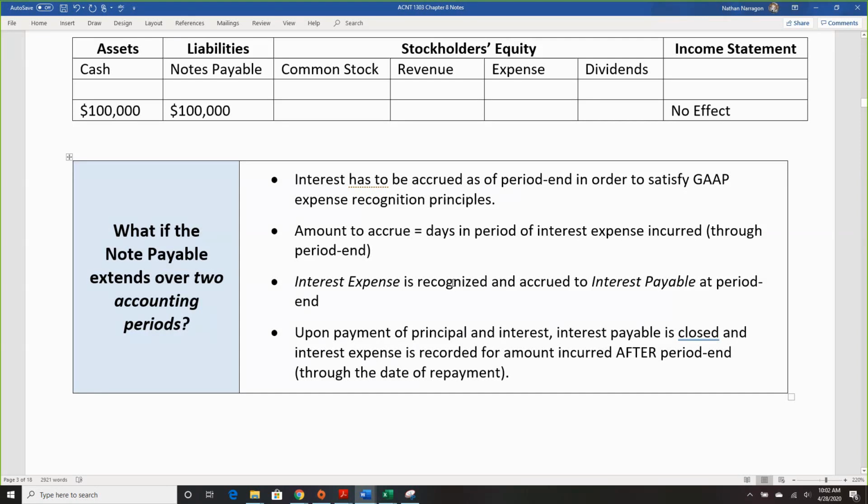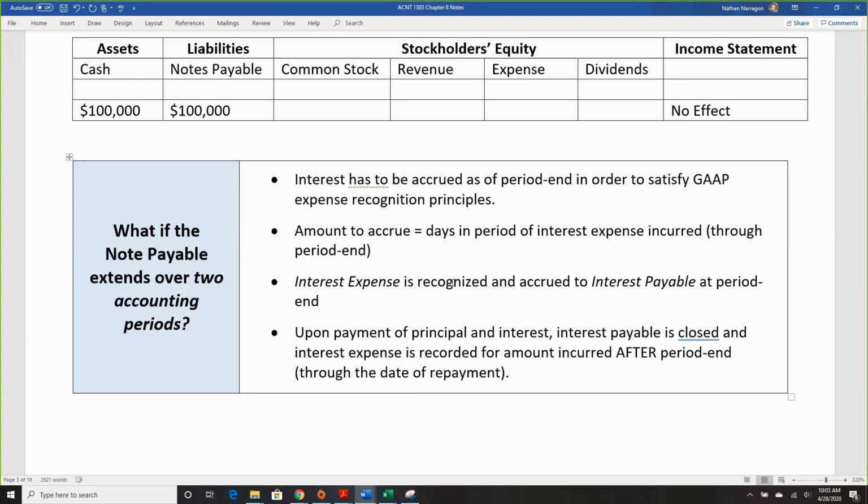Now, when we have interest, I'll talk about all the fun things about interest in just a sec. Interest does have to be recognized in the period in which we earned it. Okay? Now, sometimes with notes, especially notes done closer to the end of the year, we will have to accrue interest.